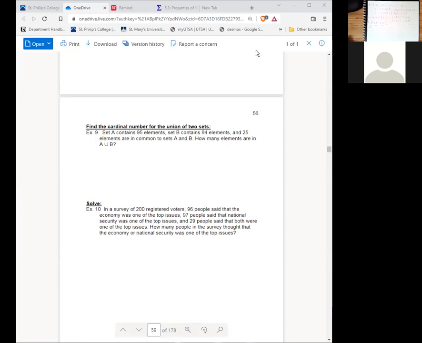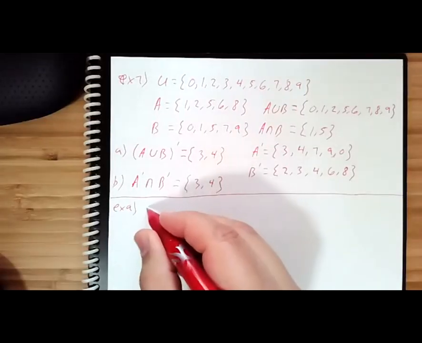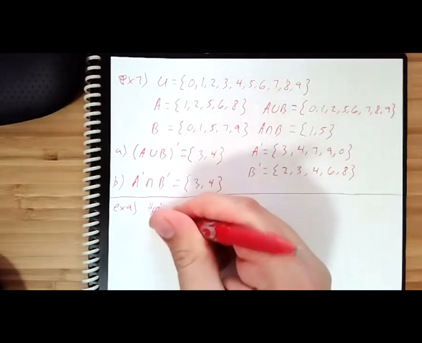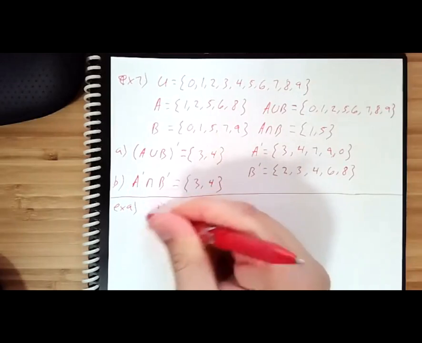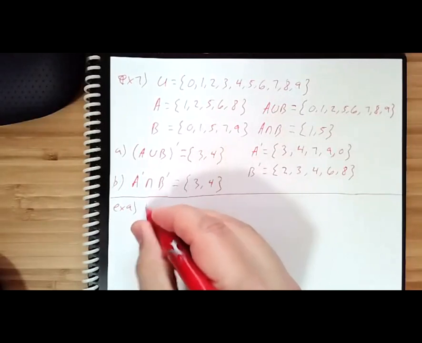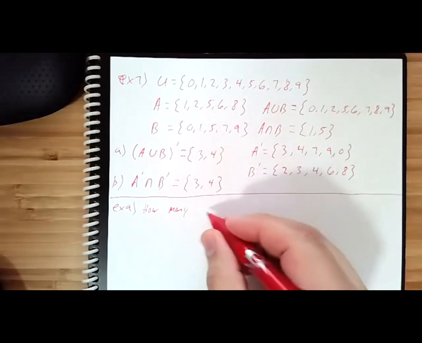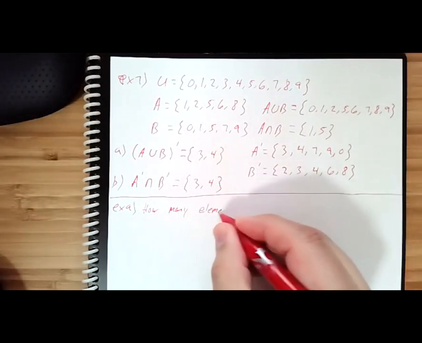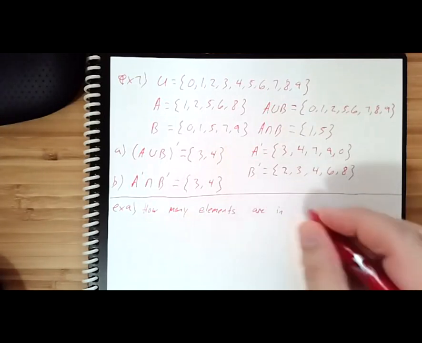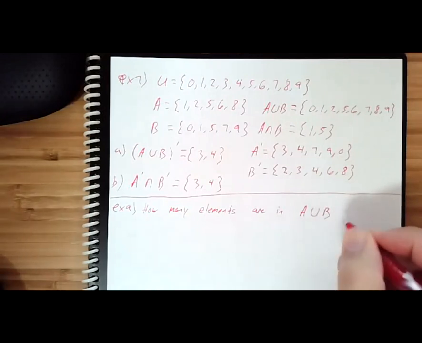Okay, so I'm going to shorten that up for you. So basically they're saying, how many elements are in A union B?